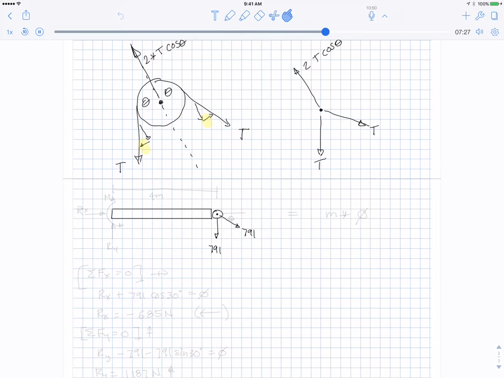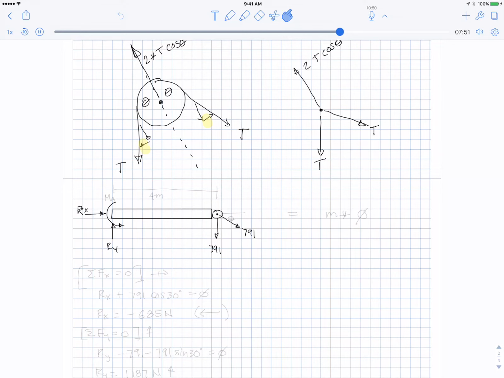And so this little thing here about the pulleys would have to have been something that you had learned in statics. And I can do another tutorial about pulleys and maybe catch you up on that. Okay, so here is the free body diagram.